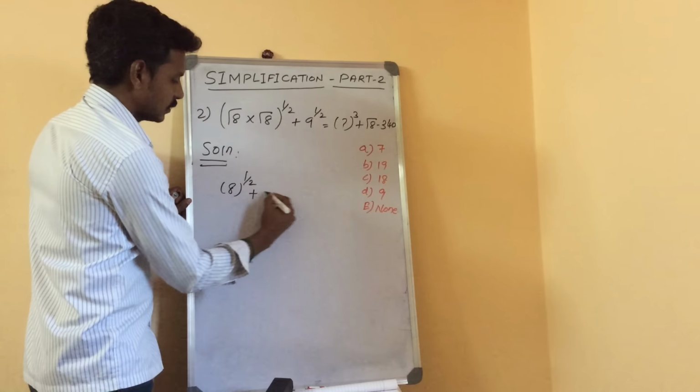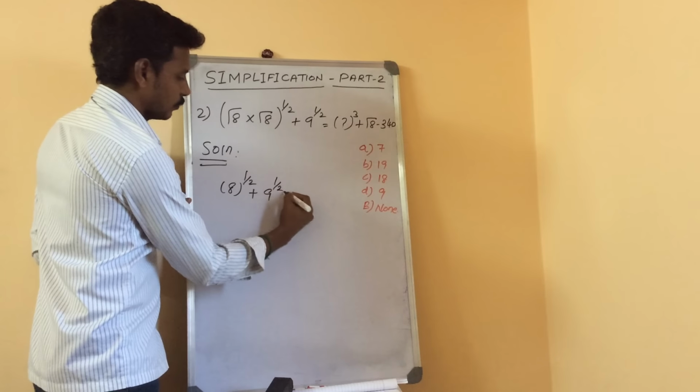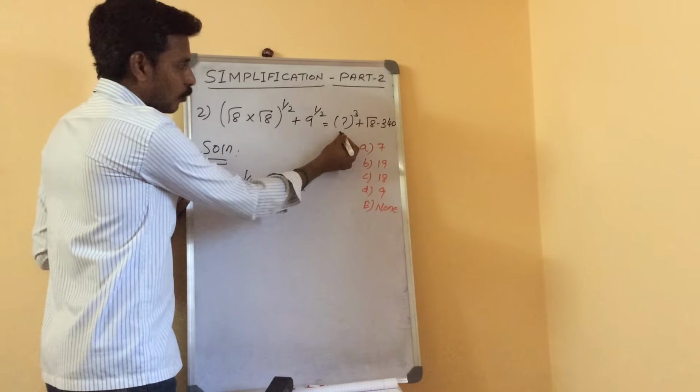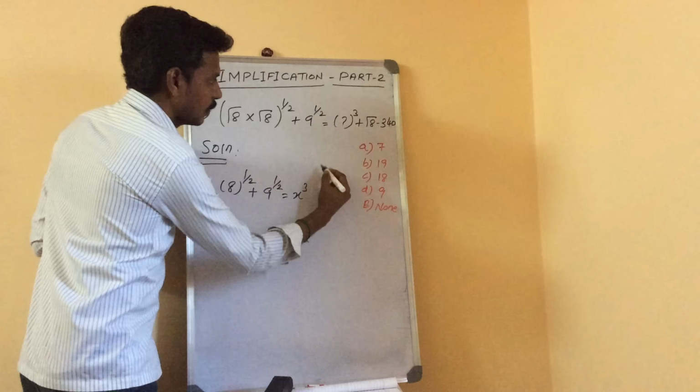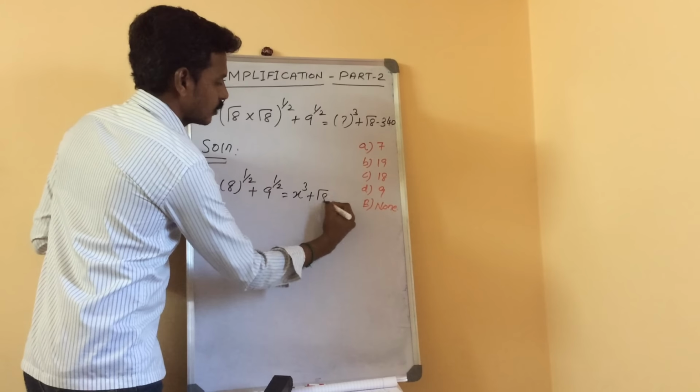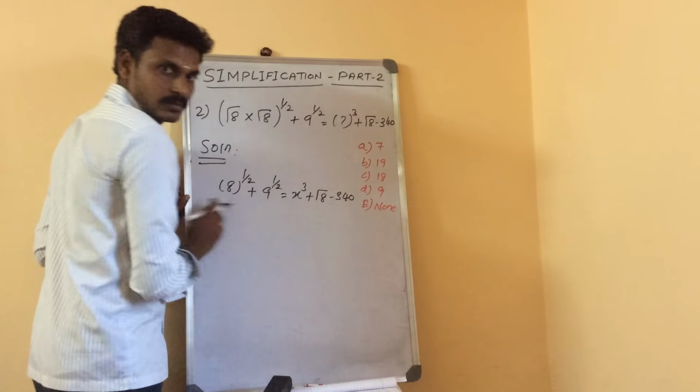Plus 9 power 1/2 equals, for the question we can take the x value: x cube plus √8 minus 340.